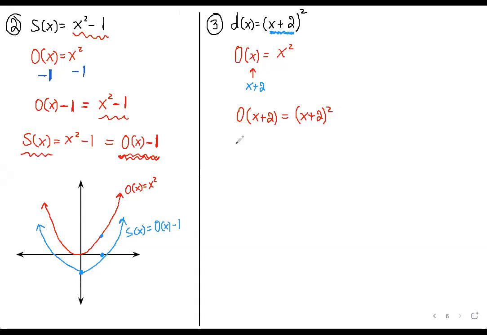So now d of x equal (x plus 2) squared is the same as O of x plus 2. To graph this function, I have to graph the original one and shift it to the left 2 units. Why? Because we have positive 2.